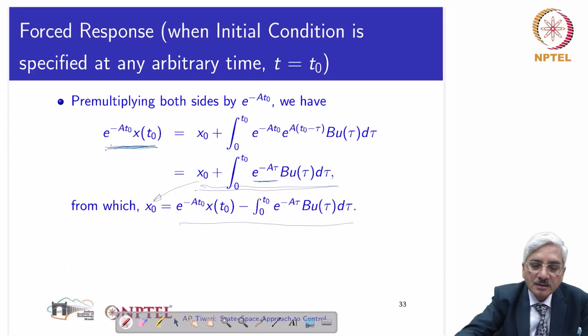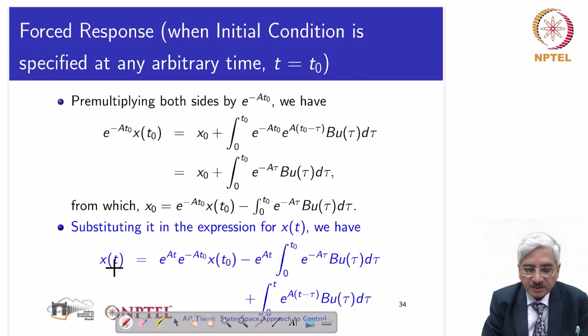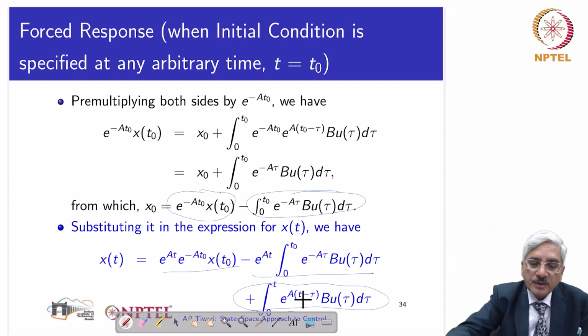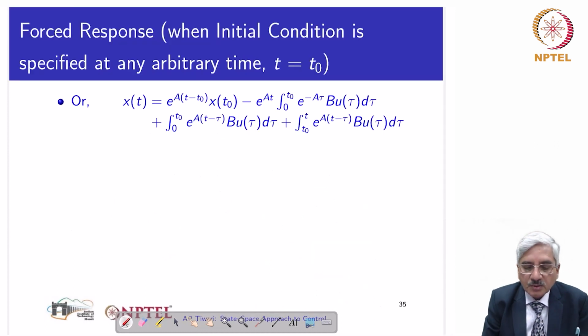To obtain this expression: x(t) is e^(At) e^(-A t0) x(t0) minus, again it contained two terms, so this multiplied by e^(At), and this integral is brought here as it is. We do a little manipulation.